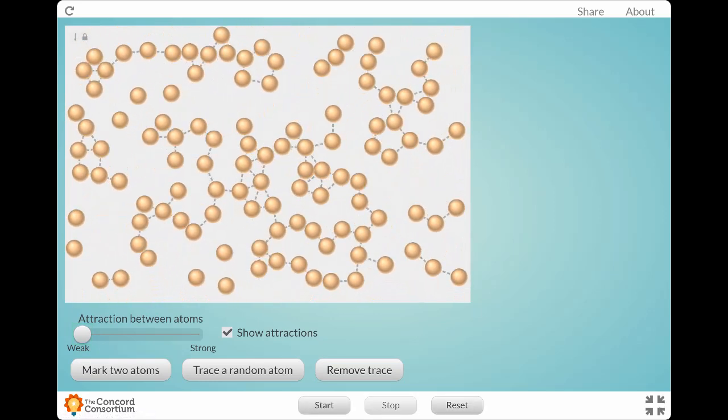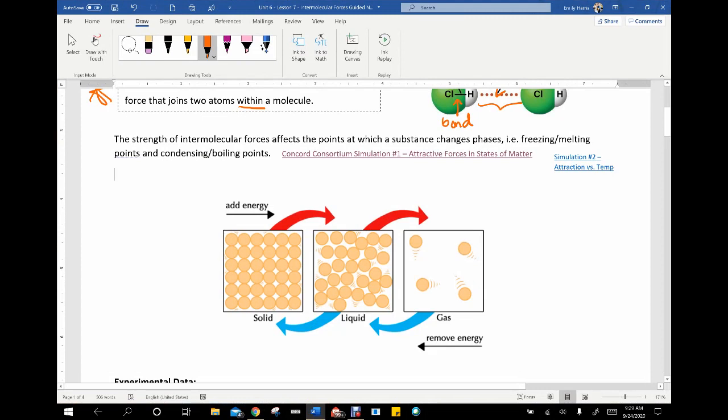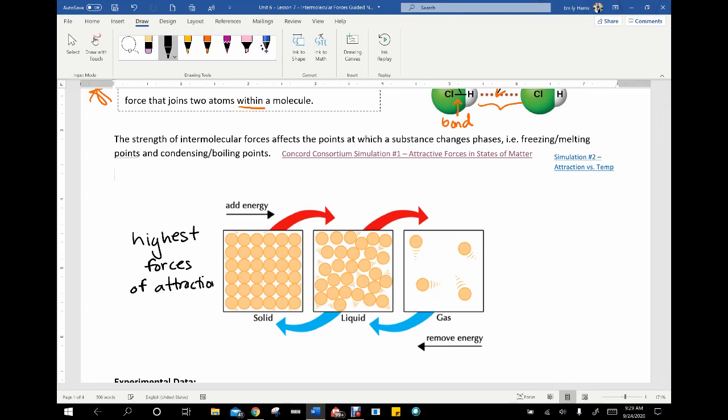So let's see if we can fill that in on our notes. What we see is that solids are where you have the highest forces of attraction, and gas is where you have the weakest forces of attraction.